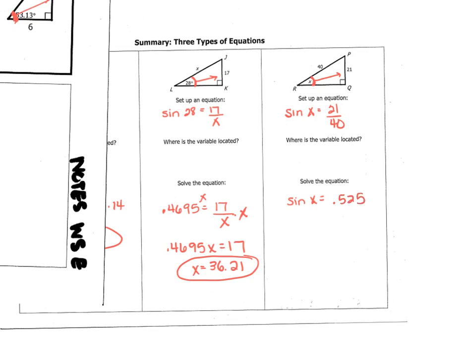And then I want the inverse sine of that answer to go back to my angle. So x equals 31.67 degrees. So now you're going to have several different scenarios that you're going to have to problem solve to see what you're solving for and whether you're going to use regular trig functions or inverse trig functions.